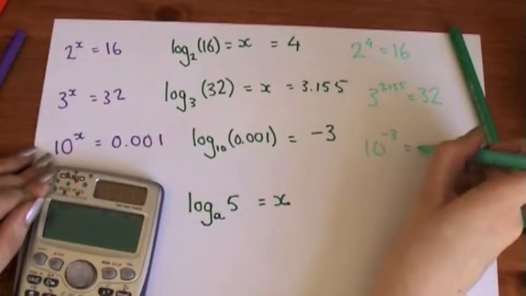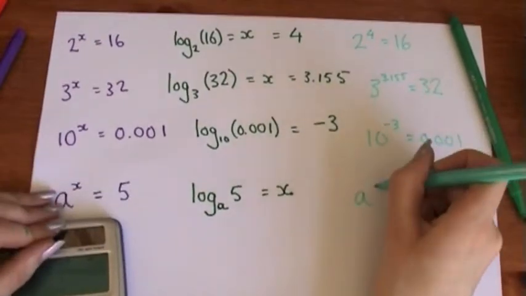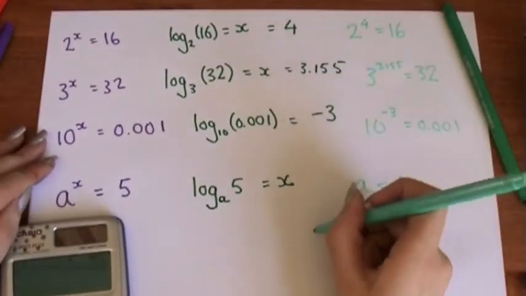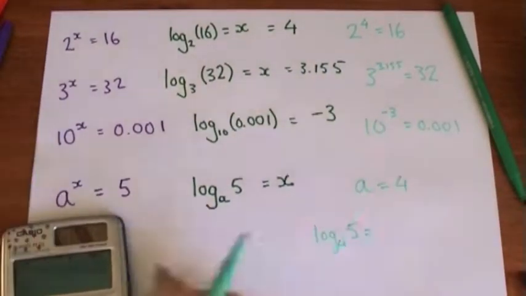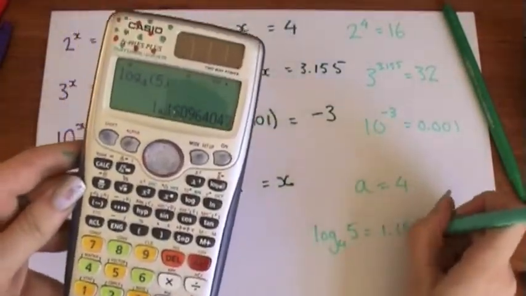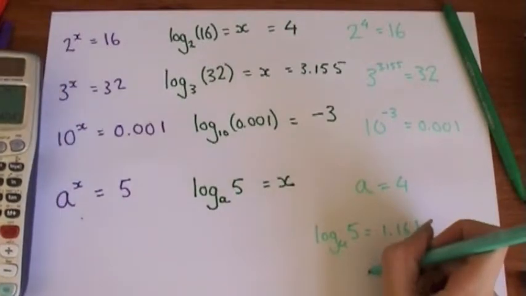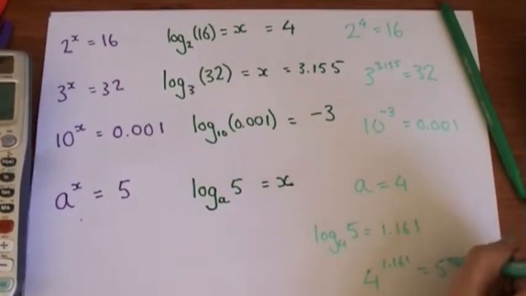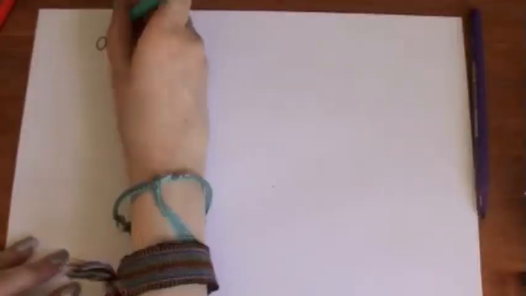Let's say that a equals 4. Log to base 4 of 5 equals 1.161, so therefore 4 to the 1.161 is equal to 5. So these are like the basic rules of logs.